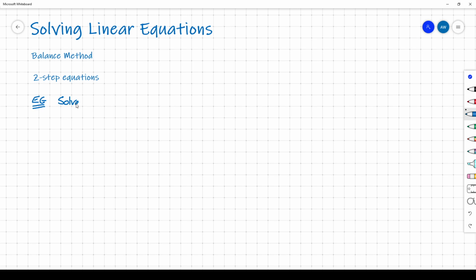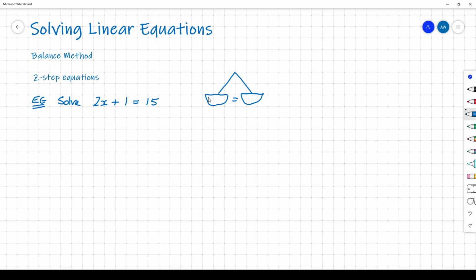If we were asked to solve 2x plus 1 equals 15, then this is what we need to do. So if I put this on a set of weighing scales like I showed you on the previous video, if we just did a very basic bowl there and a very basic bowl there, put my equals in between.